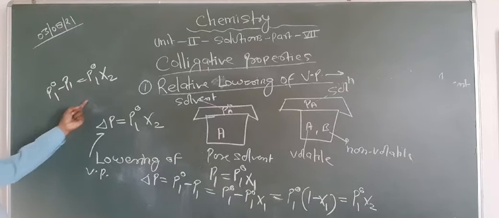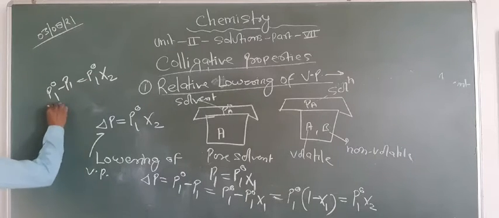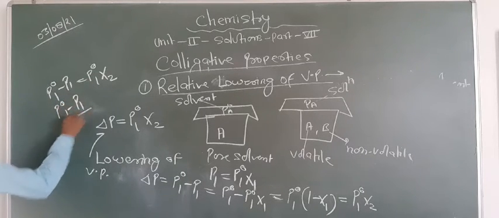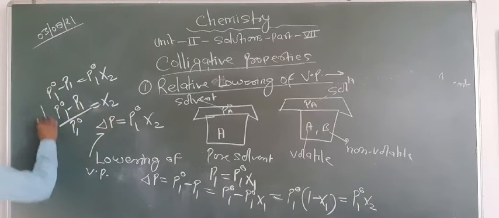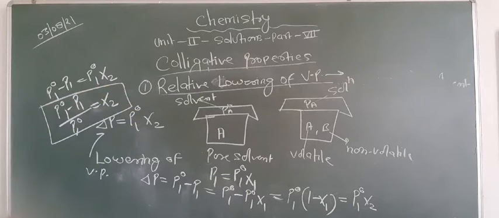So this P naught 1 transfers here. Now this becomes P naught 1 minus P1 divided by P naught 1 equal to X2. This is the formula you have to generate, and this is known as relative lowering of vapor pressure.